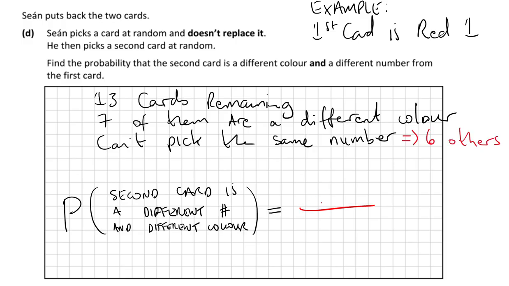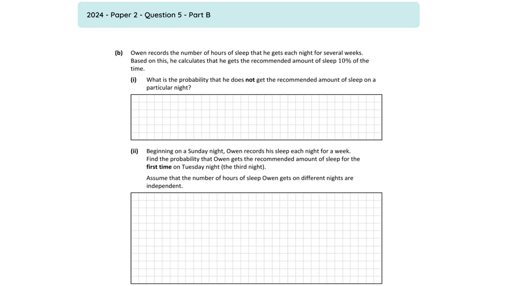You took the first card, that is gone. You've only 13 cards left. And then it said, what is the chance of picking one that's a different colour? You've 7 chances, but one of them is the same number, so you've only 6 chances of picking one that's not the same number. So 6 out of 13. Okay, and that question is done.